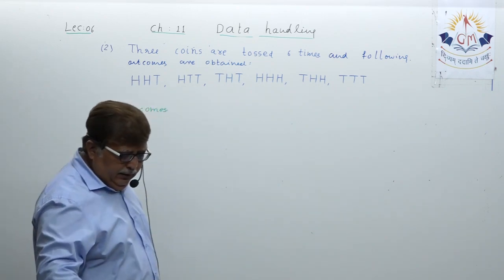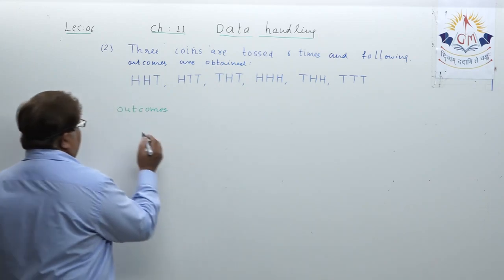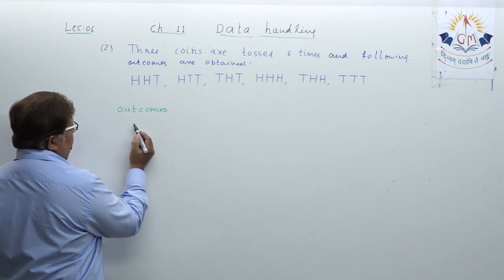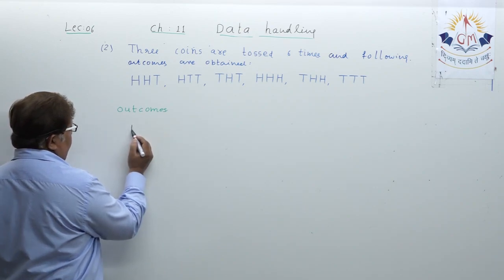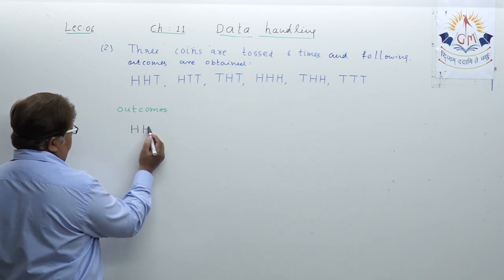What type of outcome are we getting here, dear student? Either we get H, H, H. Please look at the example with me.